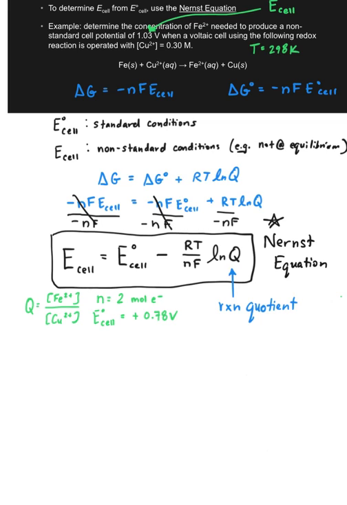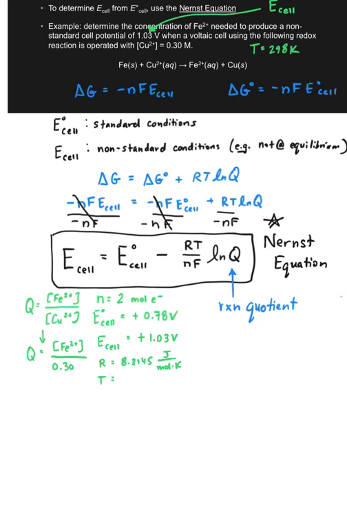From our problem up above, we were told that the concentration of copper in this electrochemical cell needed to be 0.30 molar. So we can plug that in our expression for Q. Q is equal to the concentration of iron divided by 0.30 molar. We were told that the non-standard cell potential that we'd like to achieve with this electrochemical cell is positive 1.03 volts. We know the value for R in joules per mole per Kelvin.